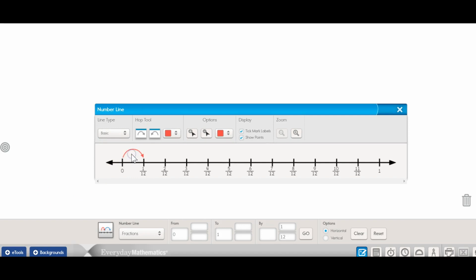Three 12ths. 1, 2, 3. She finished 3/12 of the problems in school, and then she finished 2/12 at home. That brings us to 5/12.